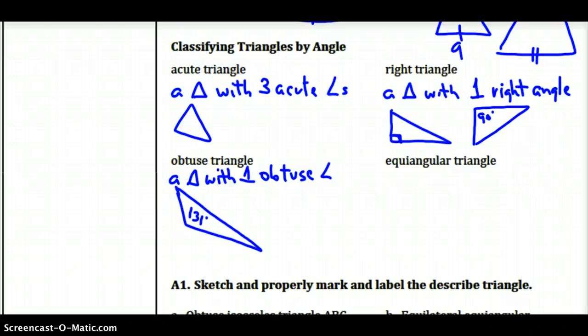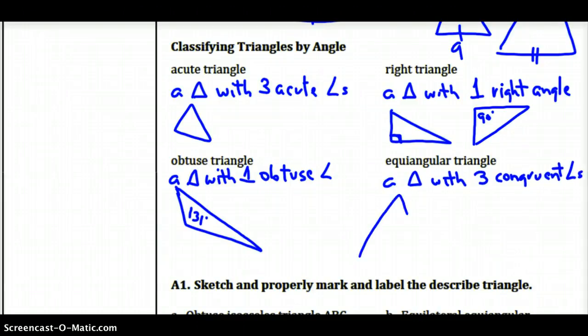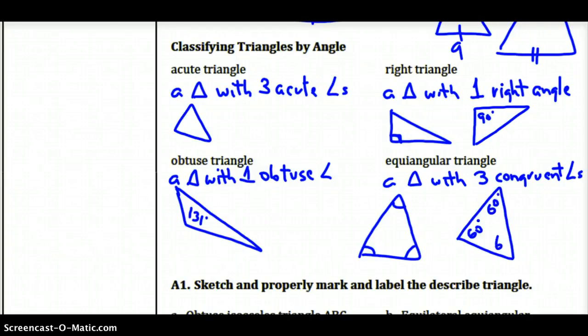And an equiangular, equal angles, is a triangle with three congruent angles. We could do it like this, show congruent marks. We could do it like this, 60, 60, and 60. Okay.